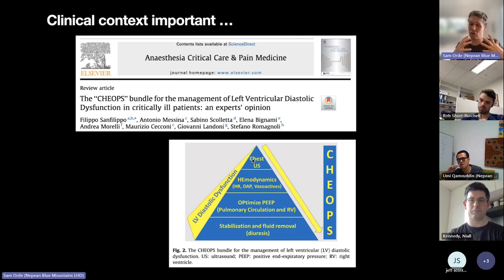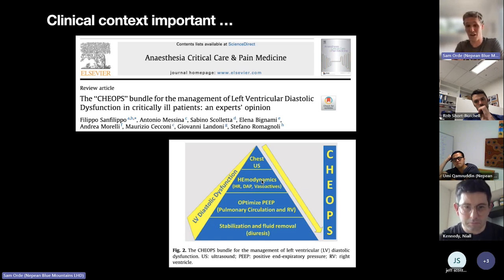You've got to consider it based on clinical grounds. Has this patient got significant features of shortness of breath and pulmonary congestion? Are they on a significant amount of vasoactives? Have they got significantly raised diastolic arterial pressures or ridiculously high heart rates or atrial fibrillation, all of which can point towards raised left atrial pressure?